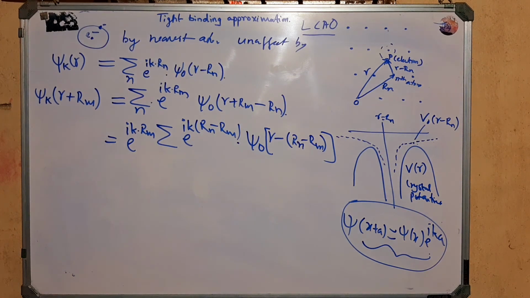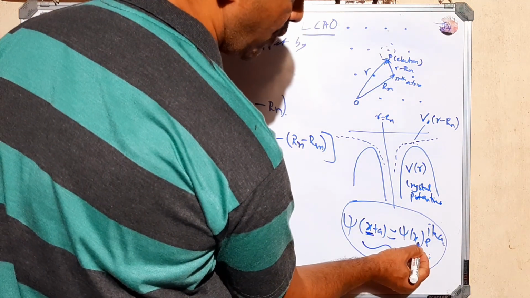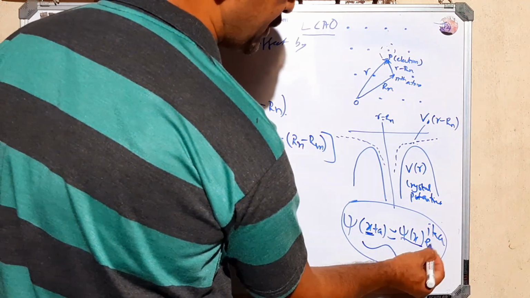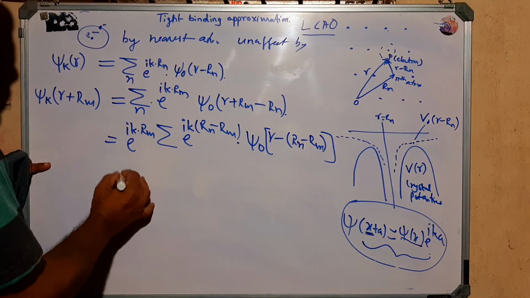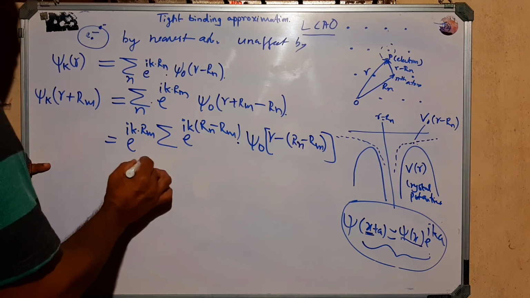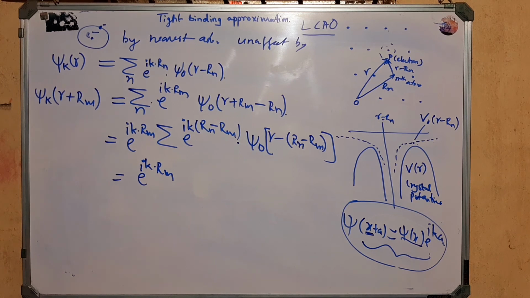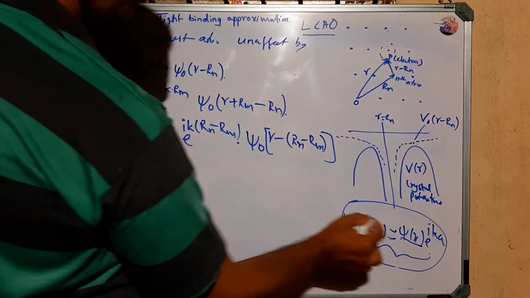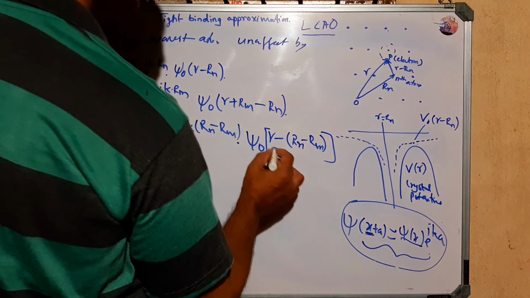See, if here x is there, you have xi of x, right? In the place of a, if a is there, e to the power i k a, right? Now you just check here. This is equal to e to the power i k into rm. Then what is this? In the place of x, what you have?